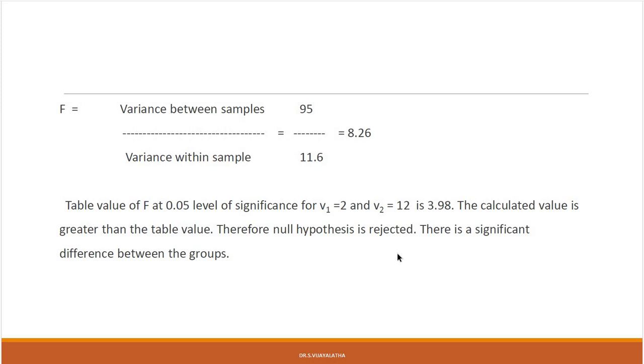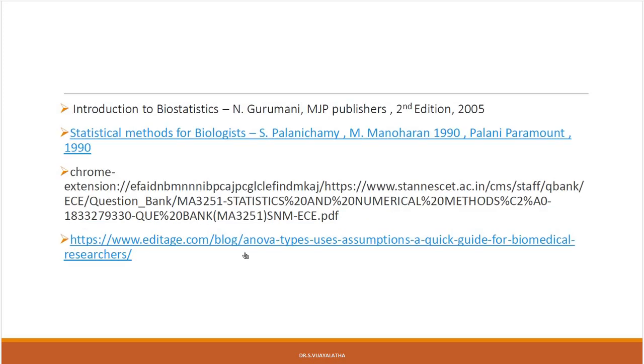So we have to find out between which of the groups we have a difference. For that we will do tests which are called post hoc analysis. So we have a variety of tests like Dunnett test, DMRT, Tukey's test, etc. And we have software packages which you can use to do that. So that will become necessary whenever we find that there is a statistically significant difference.